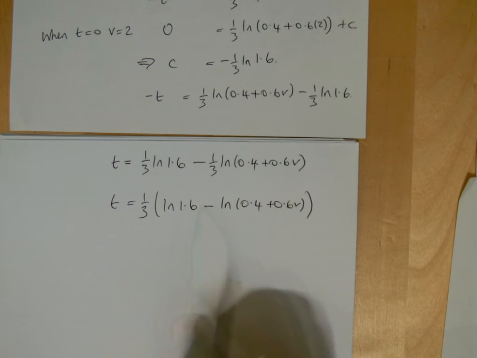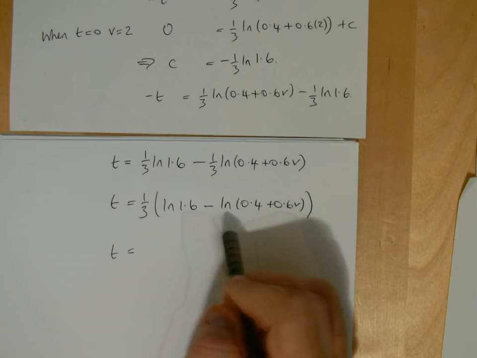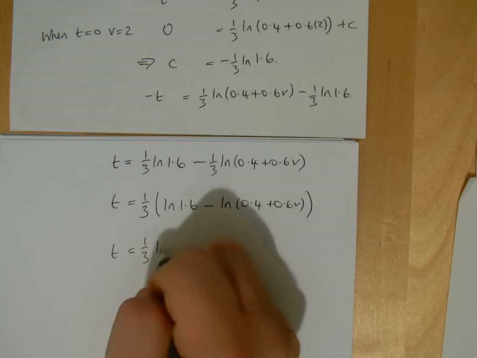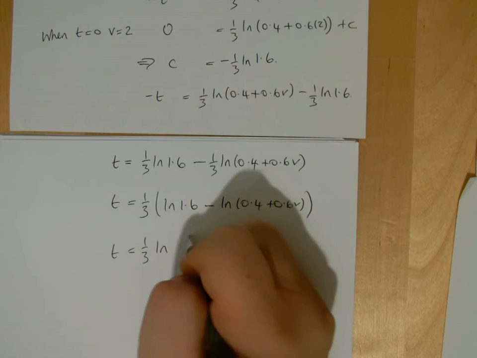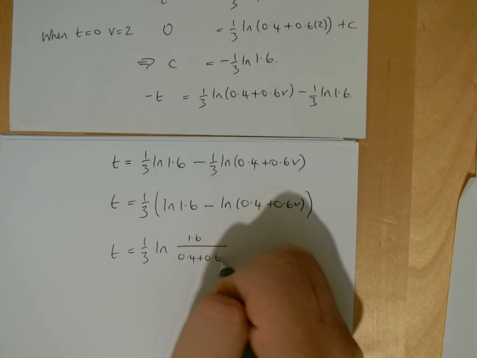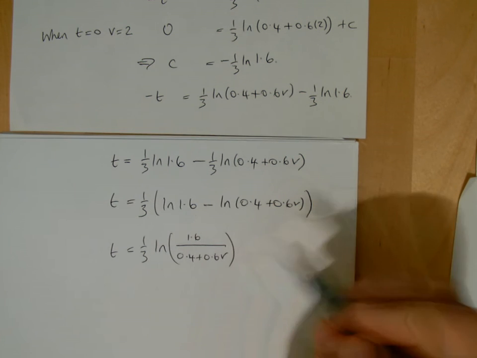When you're taking away logarithms, you can write it as a single logarithm where you are dividing. So 1.6 divided by 0.4 plus 0.6v. And then we can answer the question.